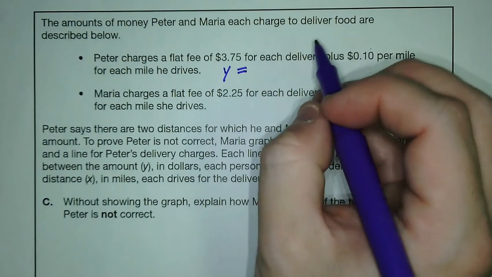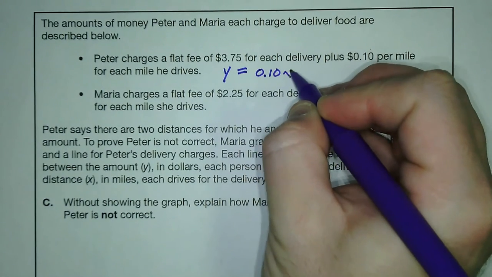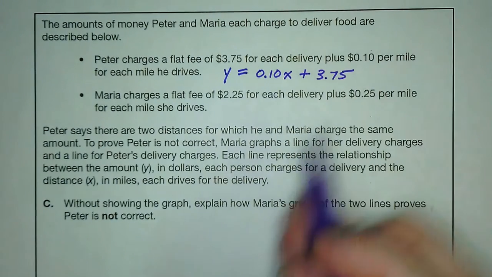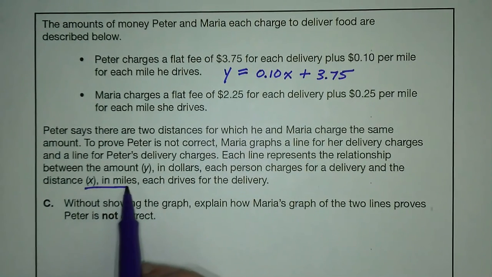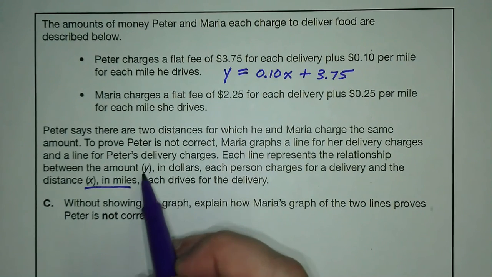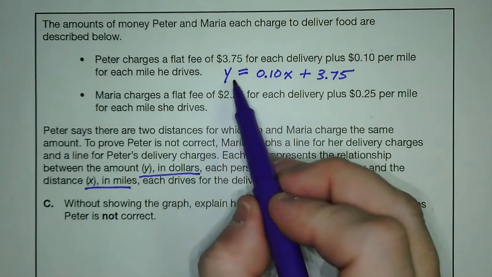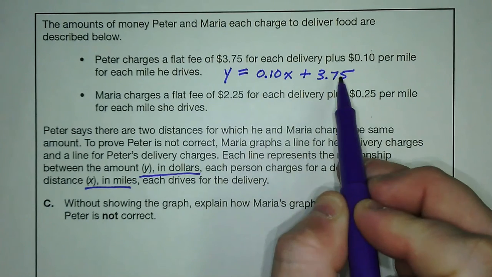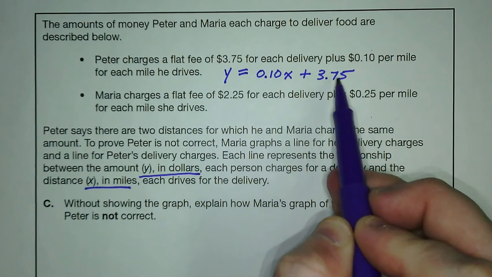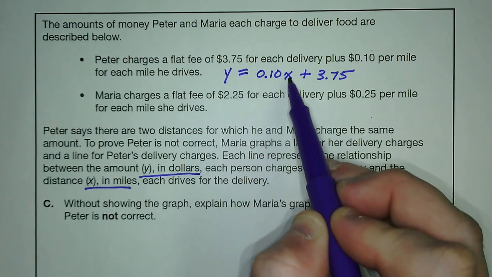So Peter's equation would be 0.10x plus 3.75, if x is the number of miles and y is the total amount of dollars. That would be an equation that fits Peter's whole deal: $3.75 no matter what, and then 10 cents per mile, so you do the 0.10 times the number of miles.